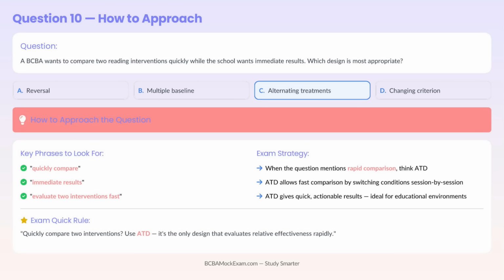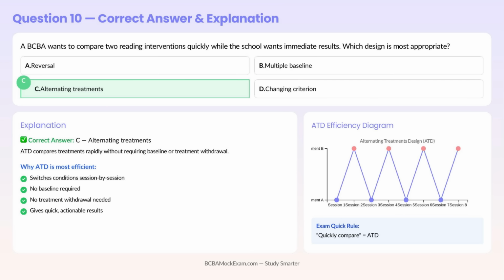Reversal, multiple baseline, and changing criterion all require more time to establish patterns and do not provide fast comparisons. ATD also has the advantage of not requiring a baseline or withdrawing treatment, which is practical in school environments. A simple exam strategy is, whenever a question emphasizes quick comparison of two treatments, think of ATD as the default choice. The correct answer is C, alternating treatments.